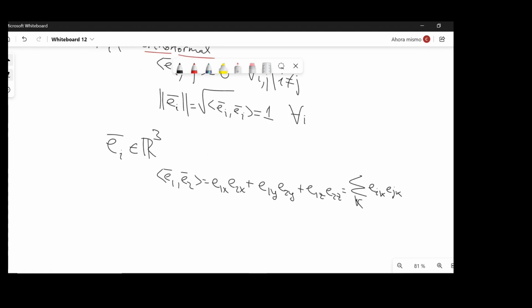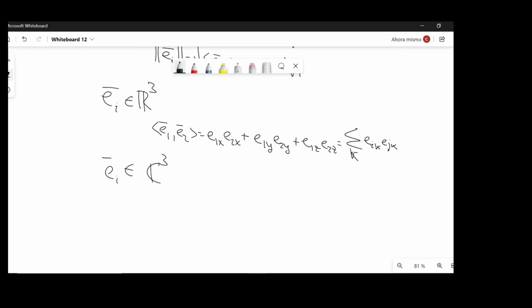What if my vectors are complex valued? How do I define an inner product? It is the sum of the products over all the components of Eik and the complex conjugate of Ejk.